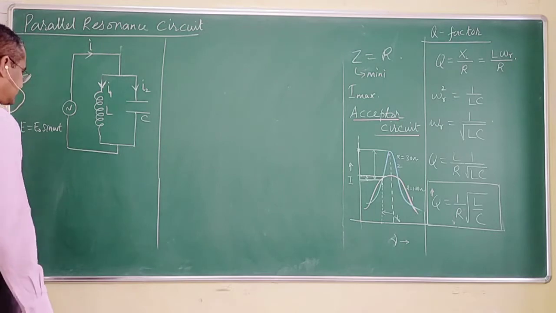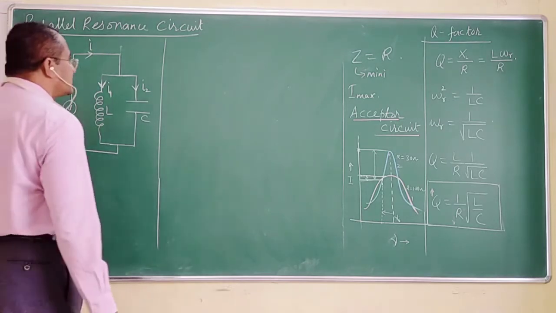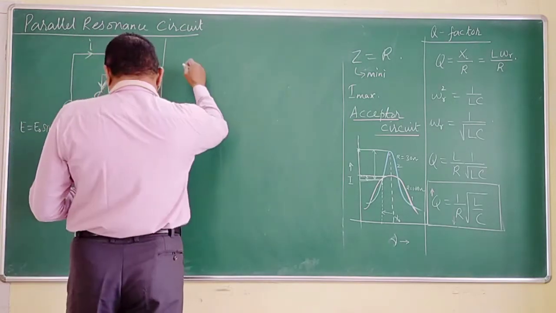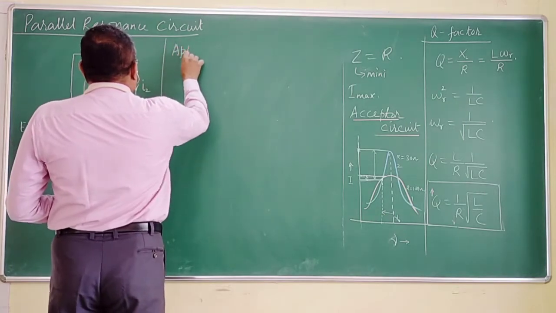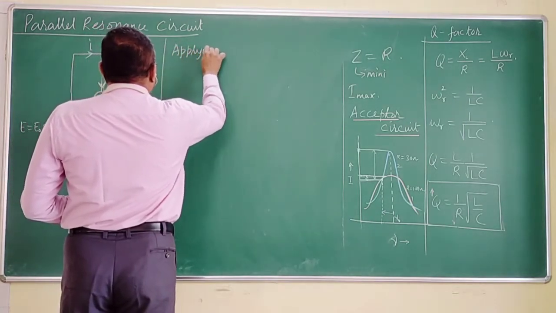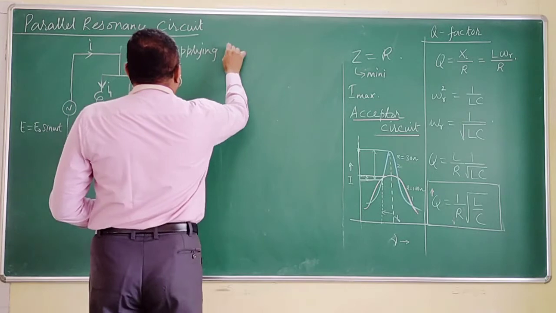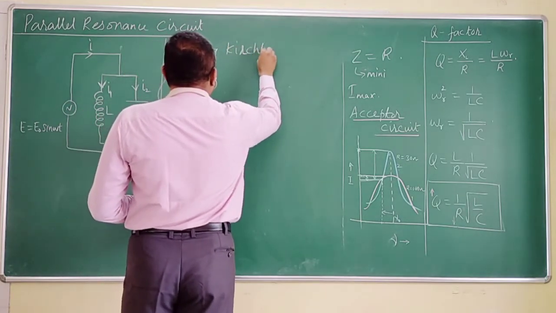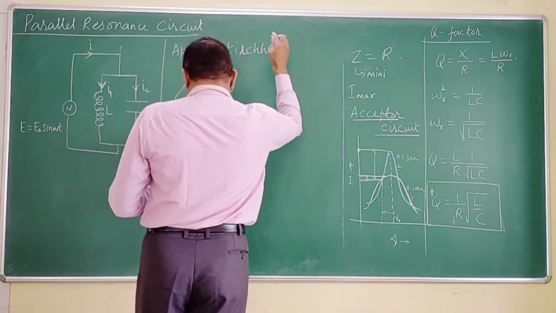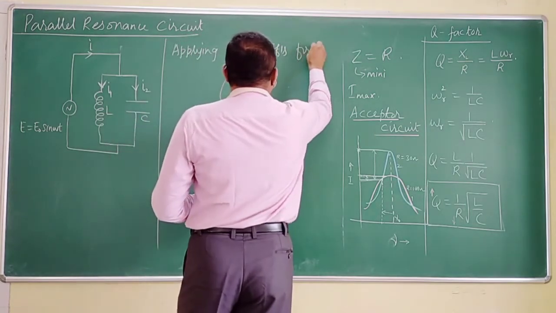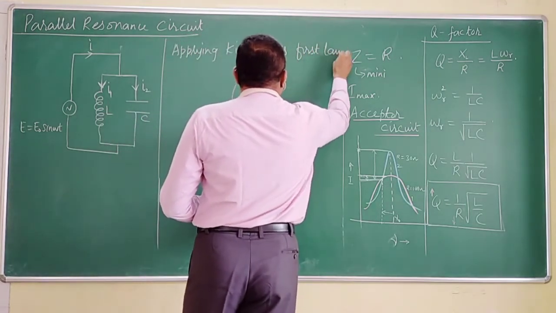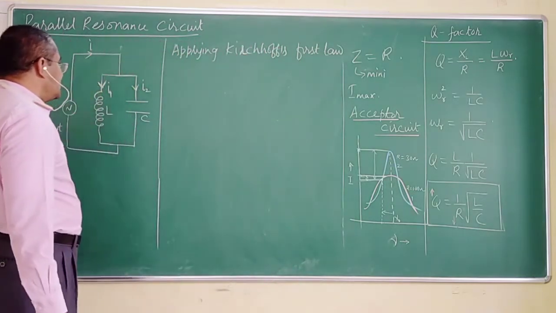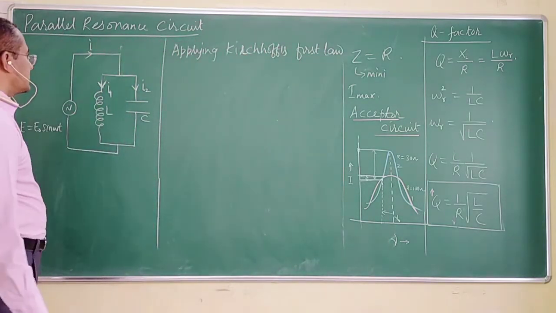To such a case, let me apply Kirchhoff's first law. The algebraic sum of currents at a junction is 0.